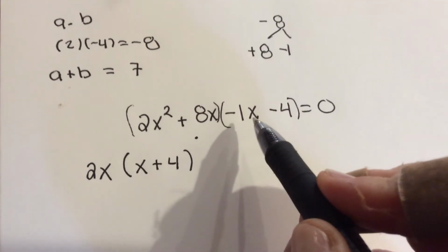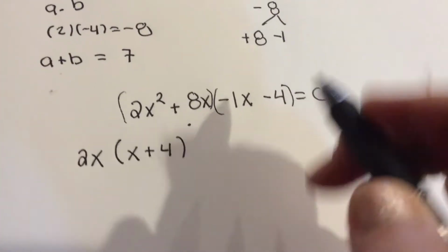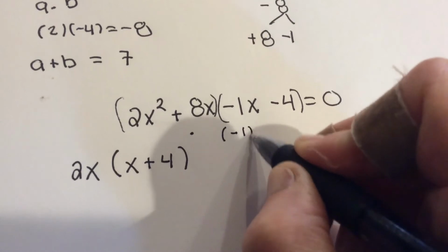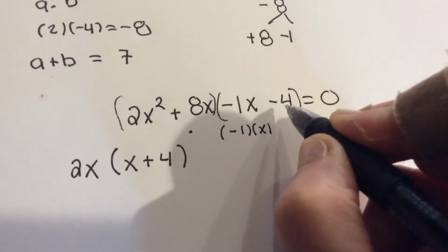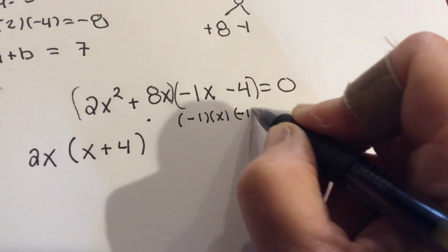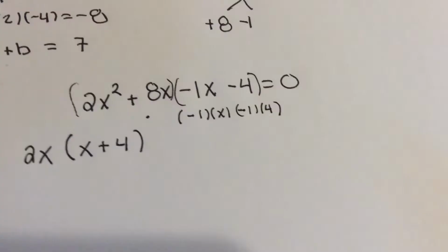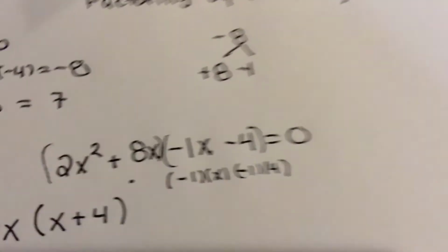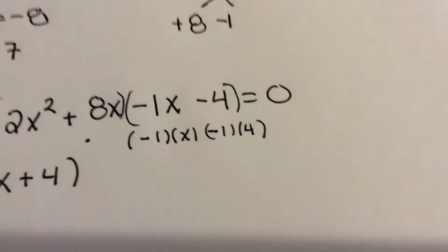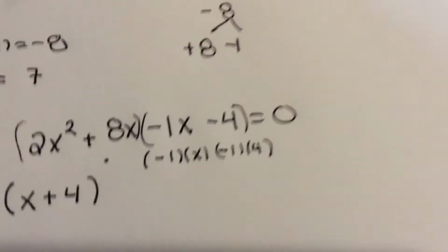Now let's look on this other side. This says -1x minus 4. What do they have in common? Well, let's take a minute and look at this. This is -1 times x, and the -4 can be broken up as -1 times positive 4. Because -1 times x is -1x, and -1 times 4 is -4.